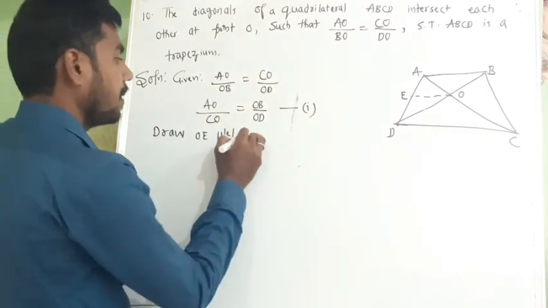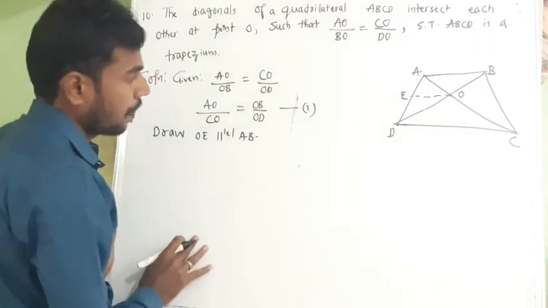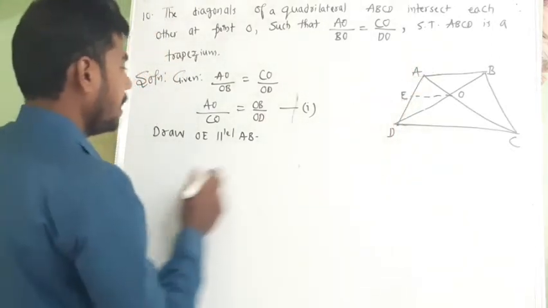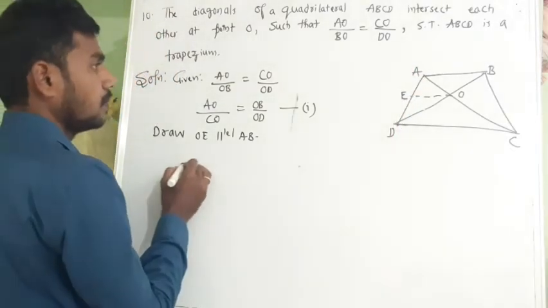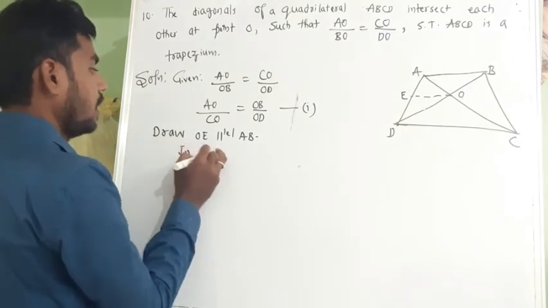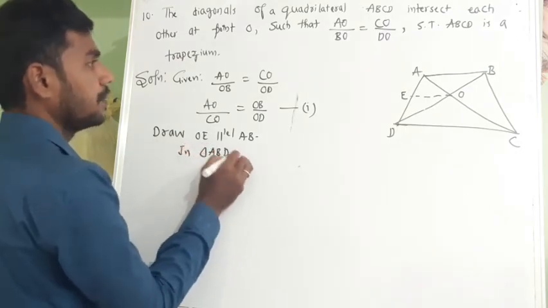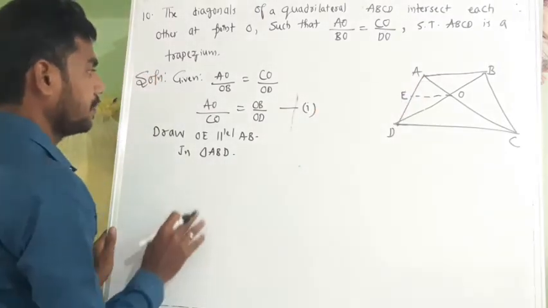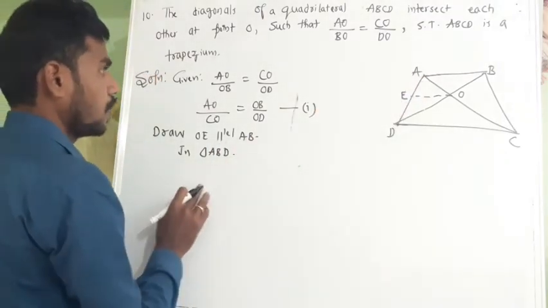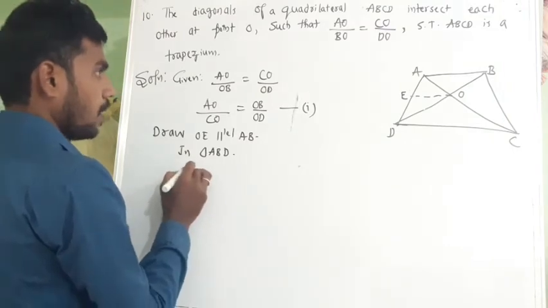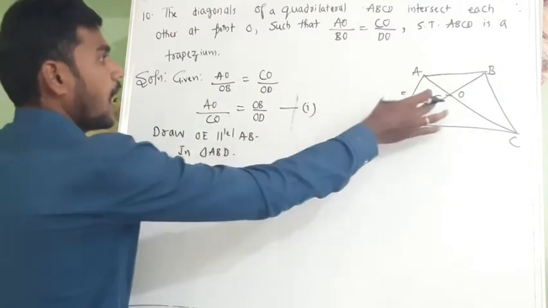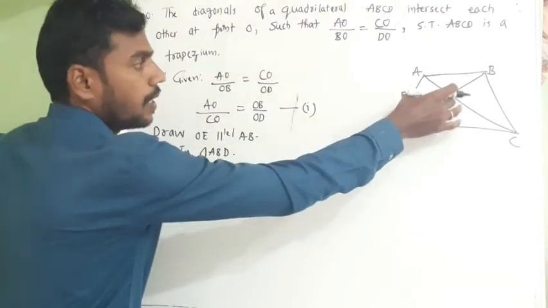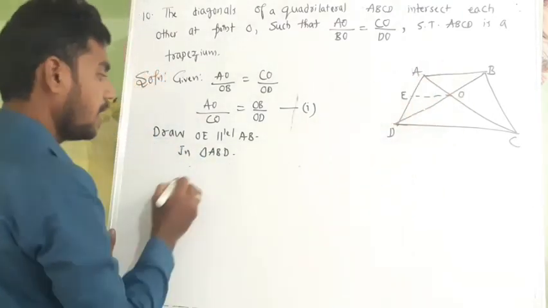Now in triangle ABD, since I have drawn EO parallel to AB, what can I write?